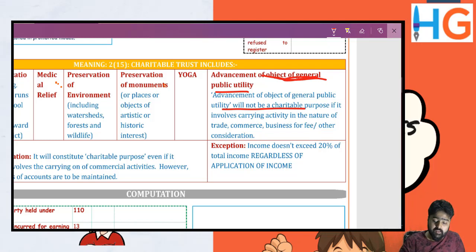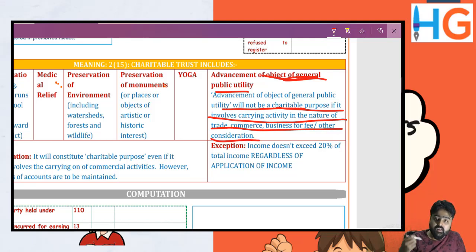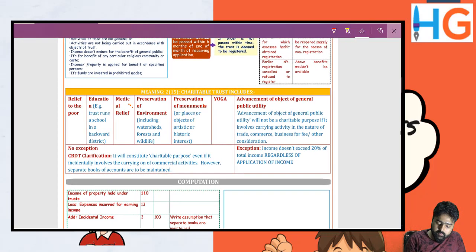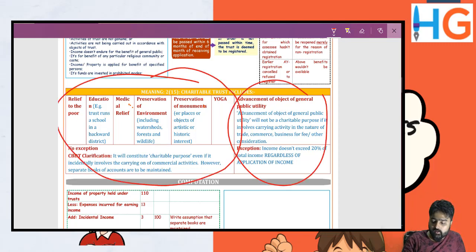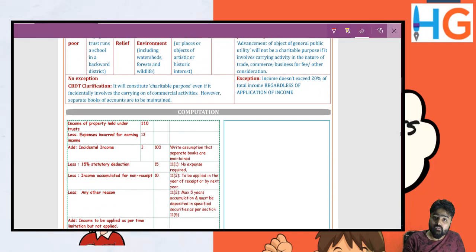But if the assessee earns income in the nature of trade, commerce, or business, or other consideration, and it exceeds 20% of total income, then it will not be considered a charitable activity. So for the other six, there is no limit. For this one, there is a limit of 20%. Only 20% can be business sort of activities.